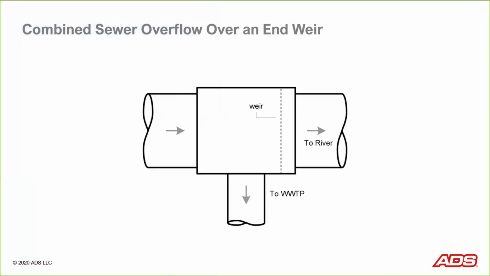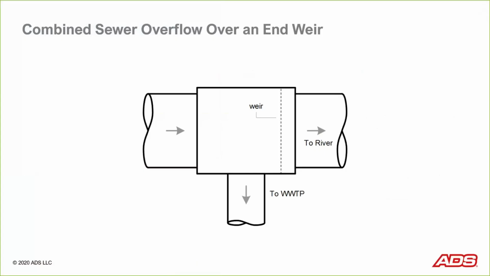So I'm going to show you two examples of combined sewer overflow regulators. The first one here happens to be what I refer to as an end weir. I'm showing you a schematic graphic that shows you how an end weir operates. So flow is moving left to right in this particular graphic.